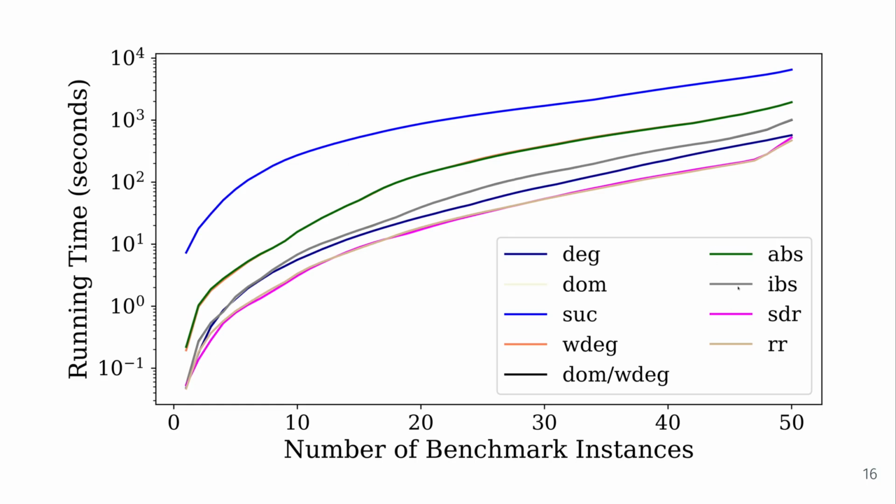Here, both our SDR and RR perform better than the others. And we didn't draw SDR bound and RR bound because they look very similar to SDR and RR.